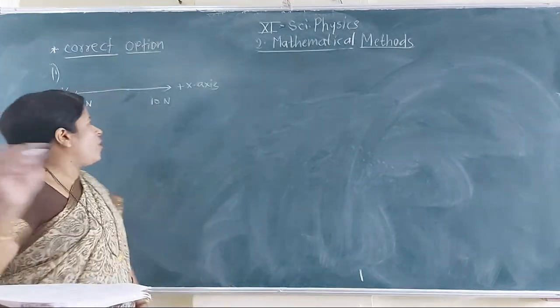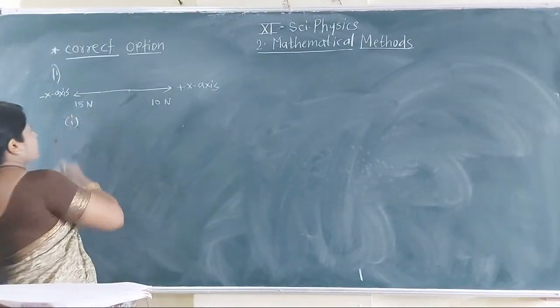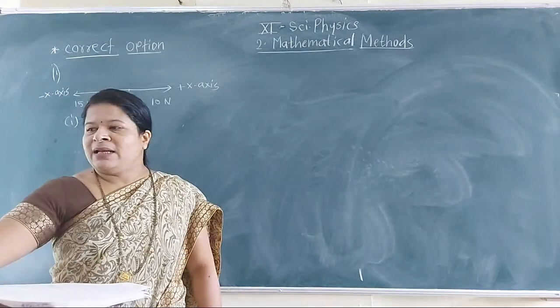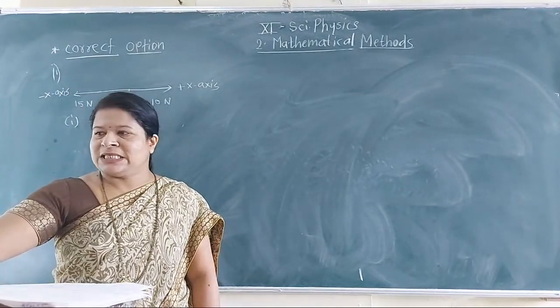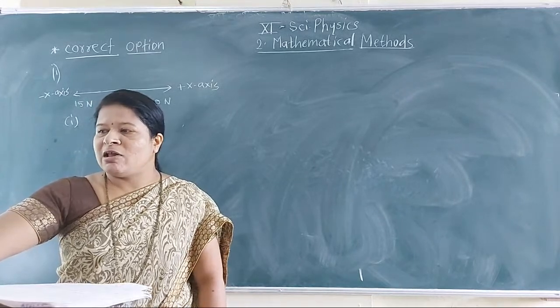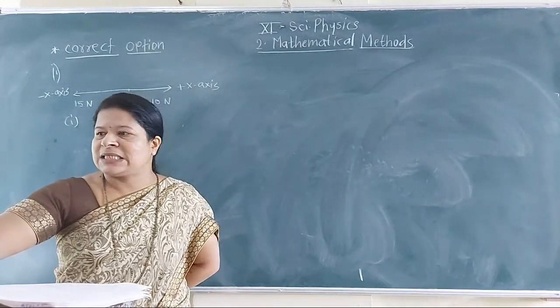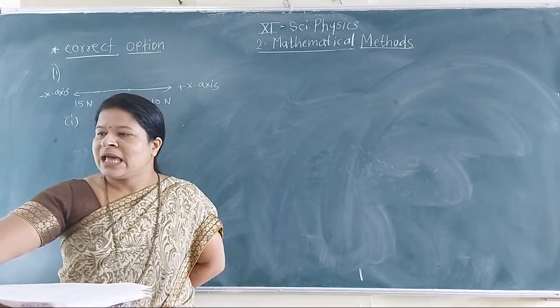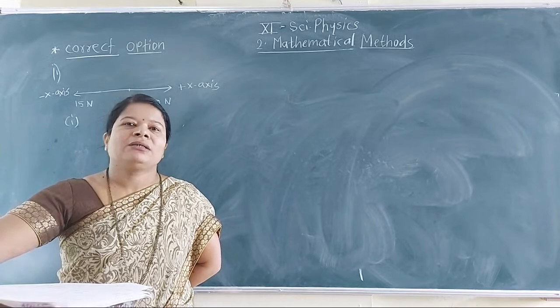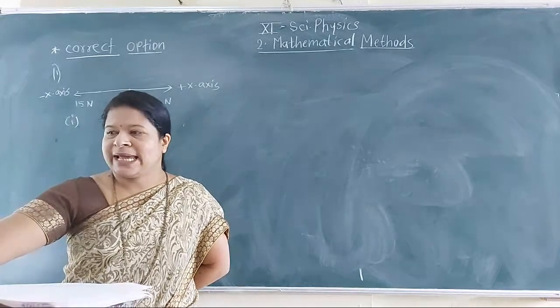The options given are: 25 Newton along positive x-axis, 25 Newton along negative x-axis, 5 Newton along positive x-axis, and 5 Newton along negative x-axis.